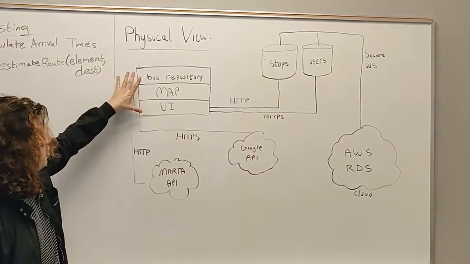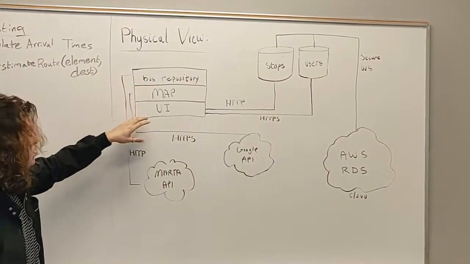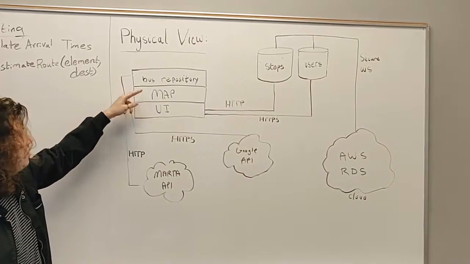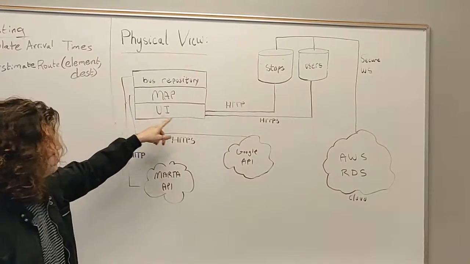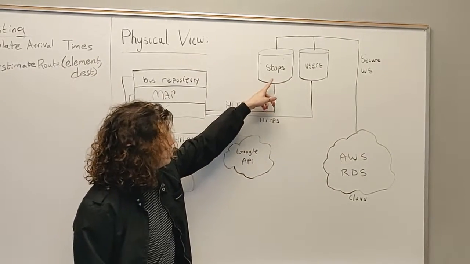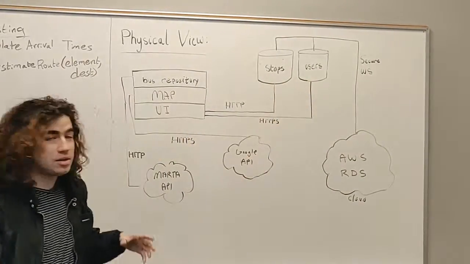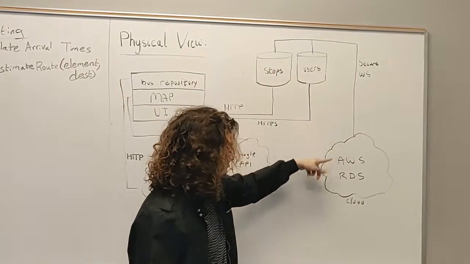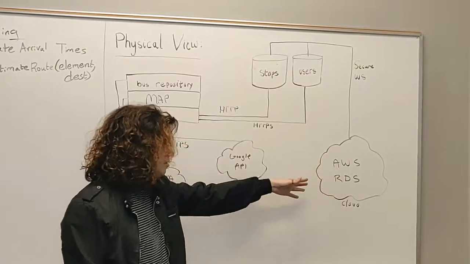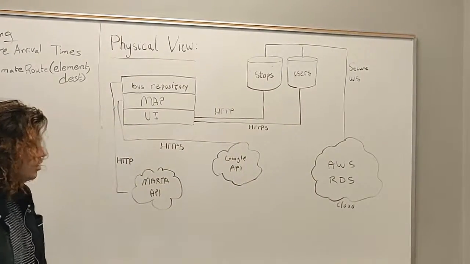So overall, our website, which is a web app currently, has a UI, a map, and a repository for our bus routes. The UI communicates with the stops and the users, which is in our database server, which is linked to the AWS database host in the cloud.